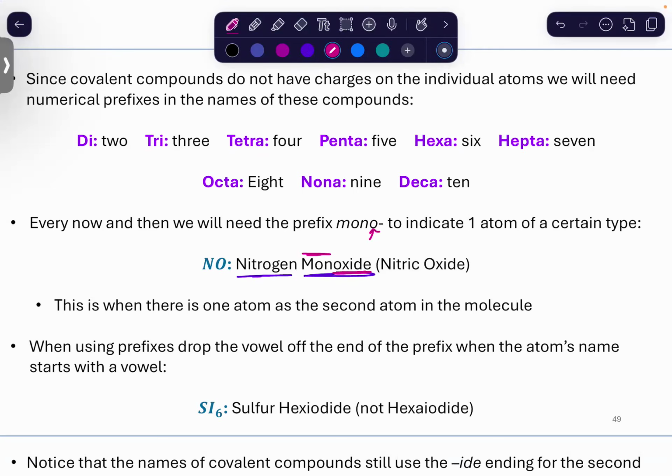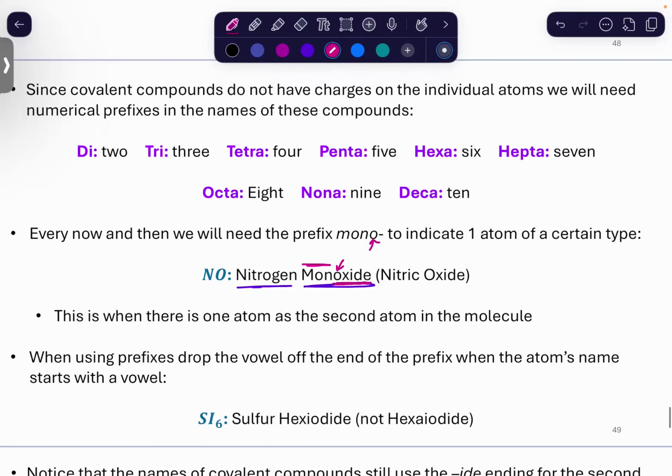I dropped that O off mono because the atom that I was putting the prefix on starts with a vowel. So if the atom you're putting the prefix on starts with a consonant, you leave it mono. If the atom you're putting the prefix on starts with a vowel, you drop the vowel at the end.